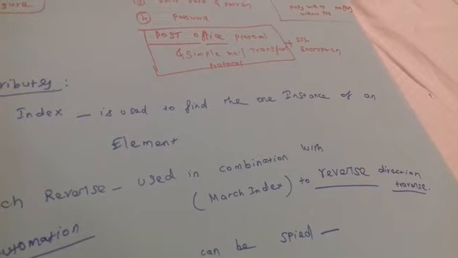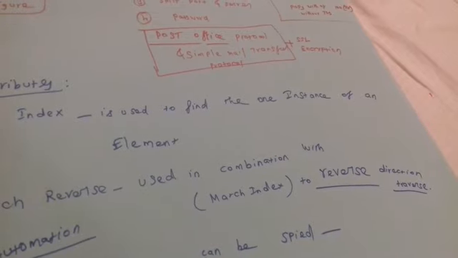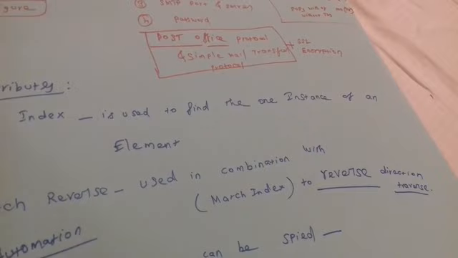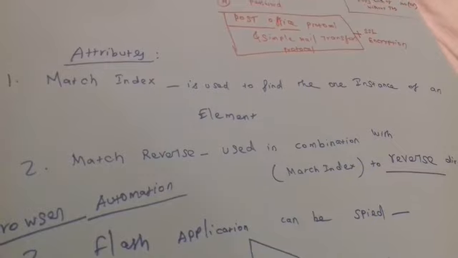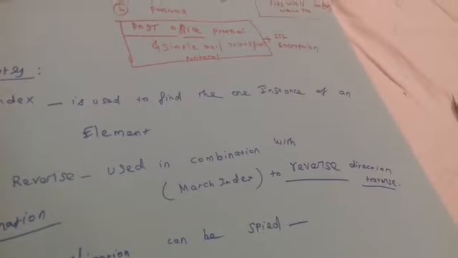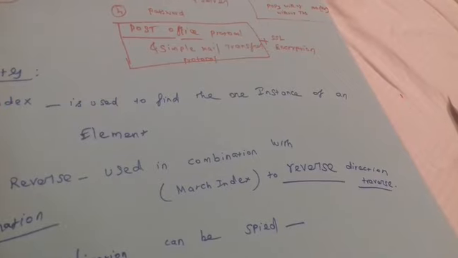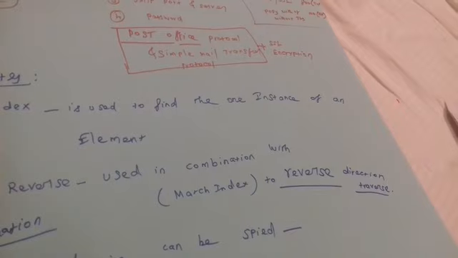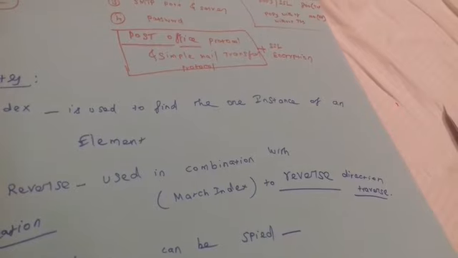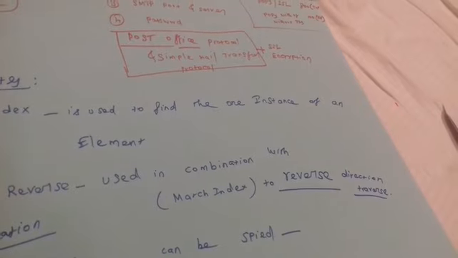It will find only one instance of an element. Match reverse is used in combination with the match index attribute so that it travels in the reverse direction.